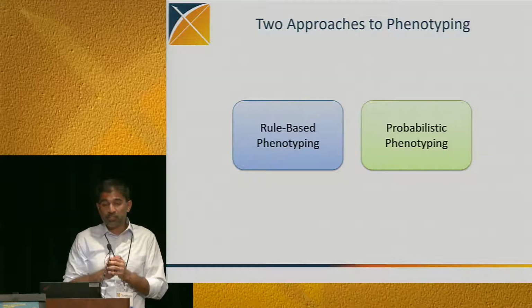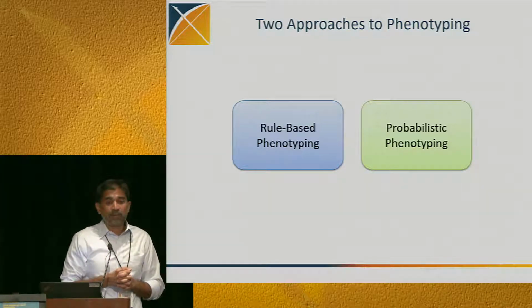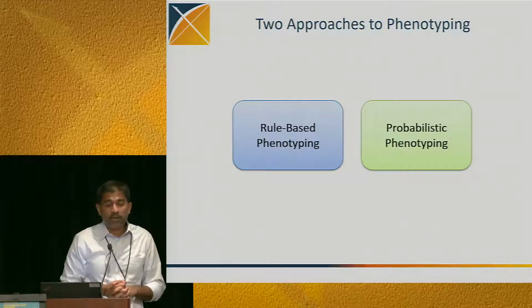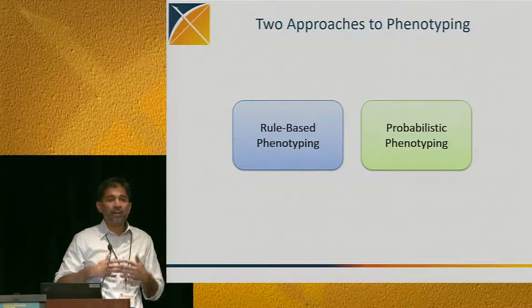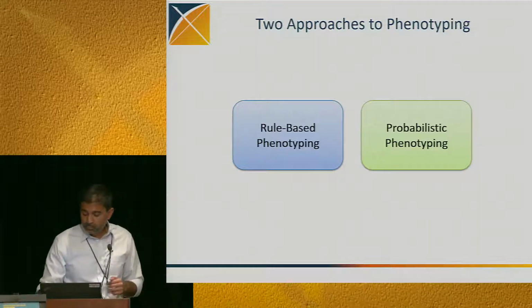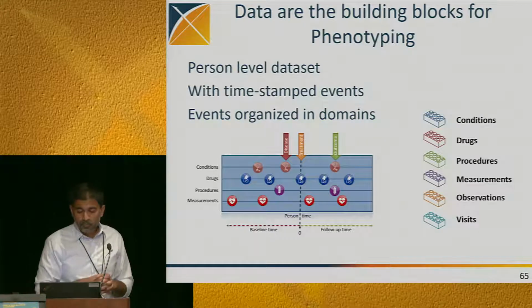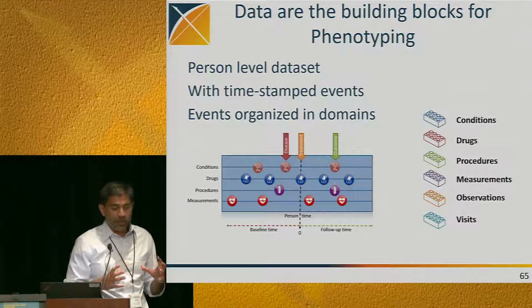It is going to be demonstrated live, I think, on Saturday as part of the cohort tutorial, where one of the tutors will show how to build a probabilistic cohort definition. So we will focus on the rule-based cohort definition.